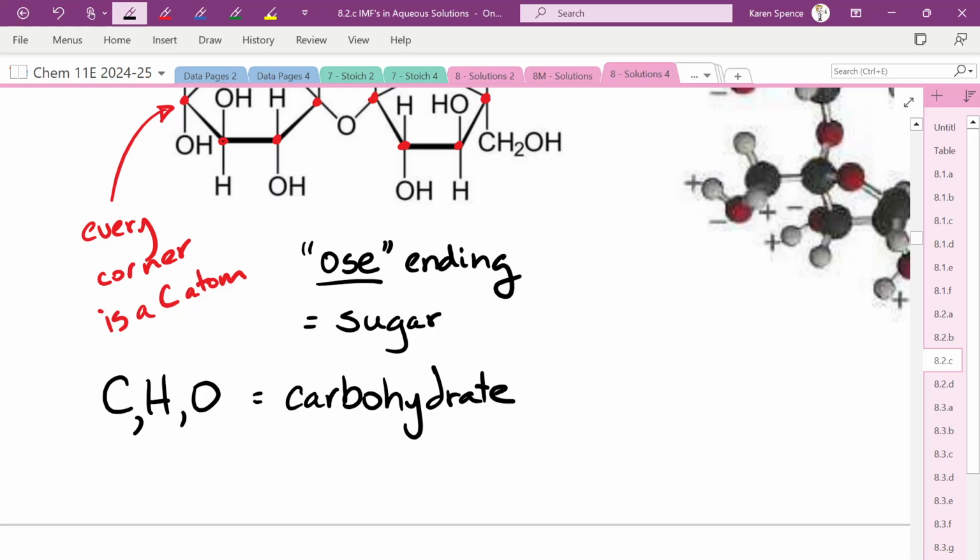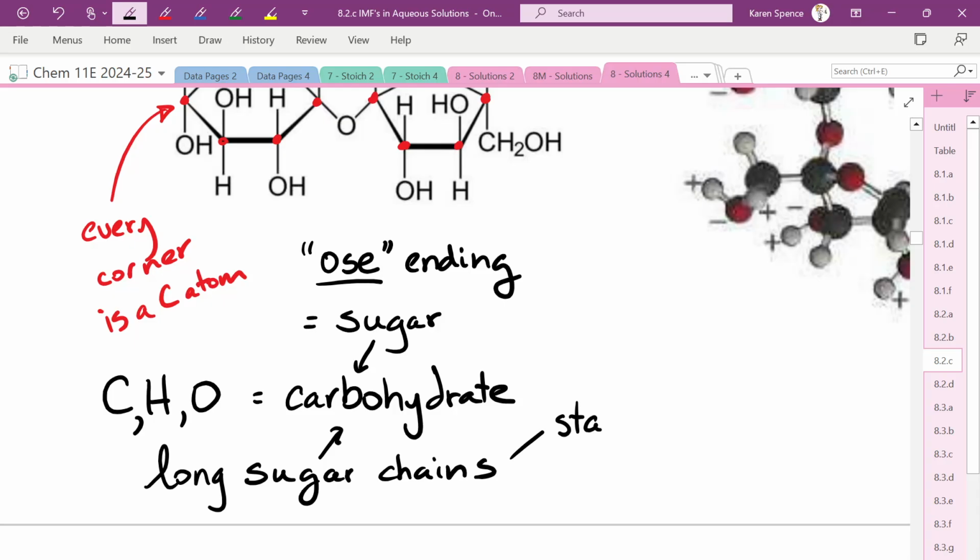And if you string a lot of simple sugars together, long sugar chains are also carbohydrates. Sugars are carbohydrates, and these long sugar chains can include starch.